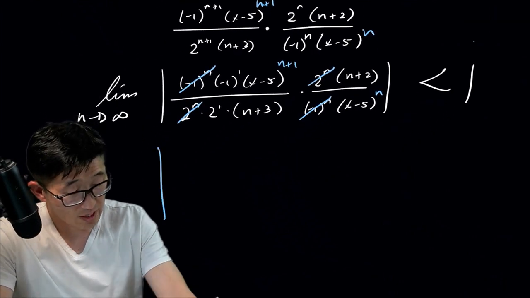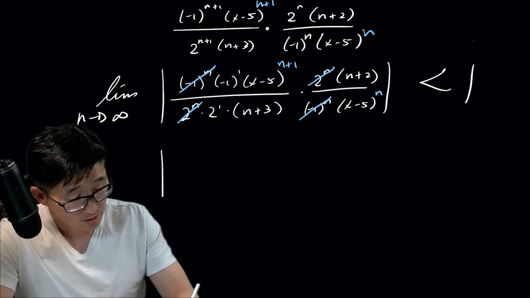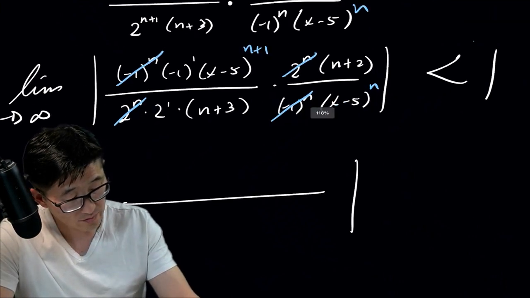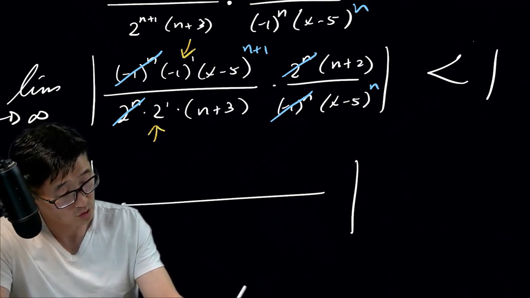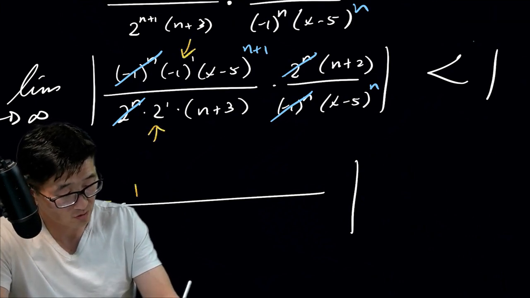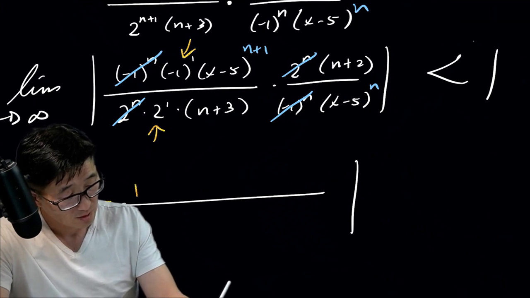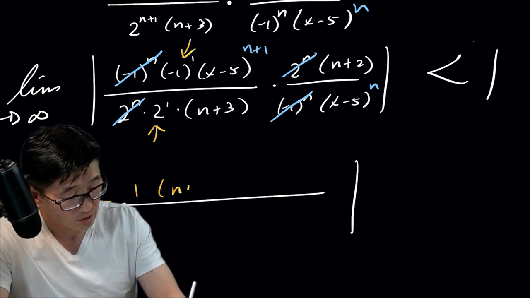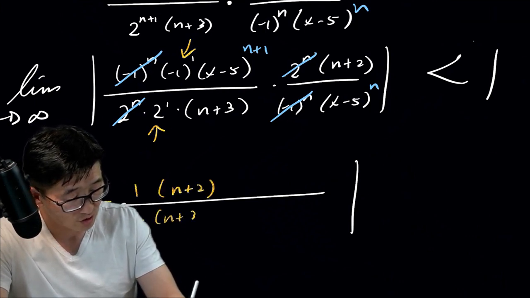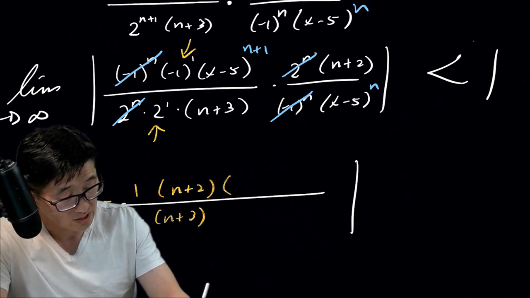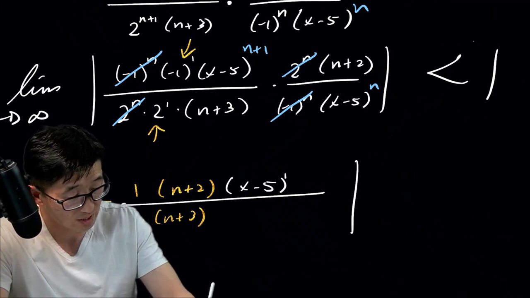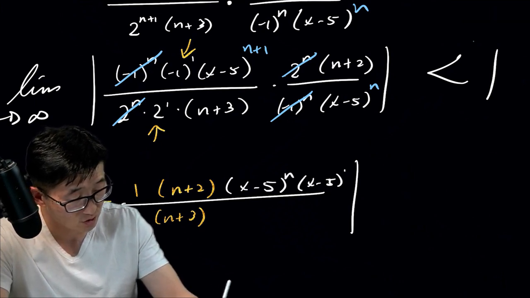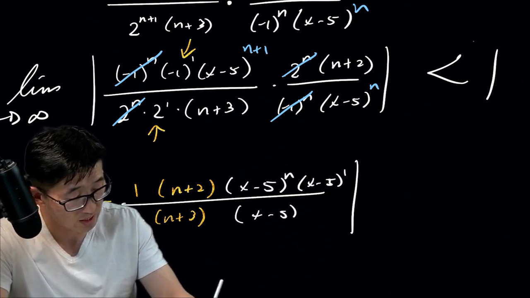So what do we have now? We have negative 1 right here with 2. That's the only constant. So we have negative 1/2. We have the n's, so we have n plus 2 and n plus 3. And then the x's, we have x minus 5 to the n, x minus 5 to the first power over x minus 5 to the n.